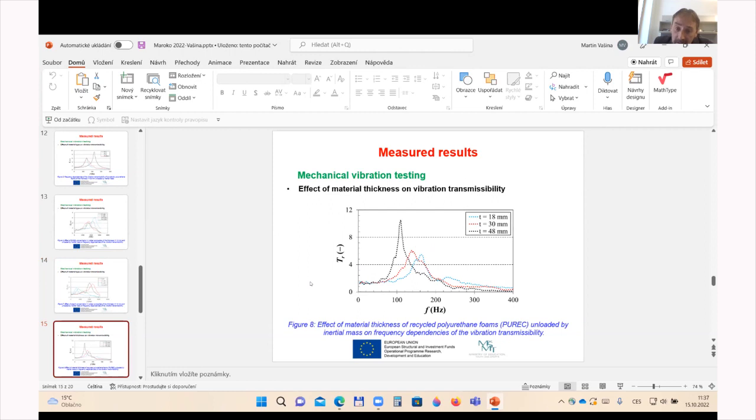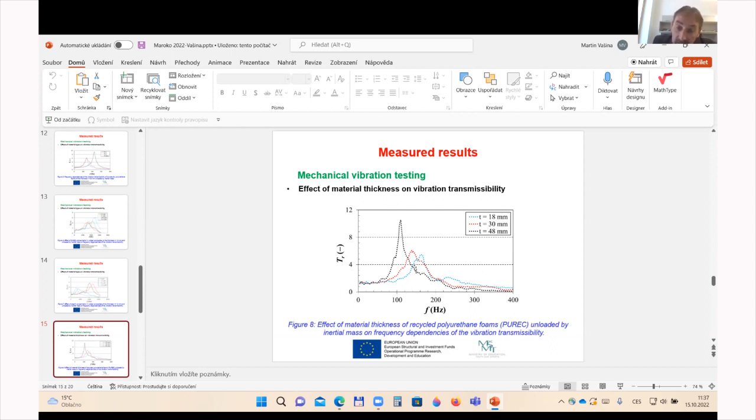Secondly, we investigated the effect of sample thickness on vibration transmissibility. We can see that with the increasing sample thickness, the first resonance frequency is decreasing.